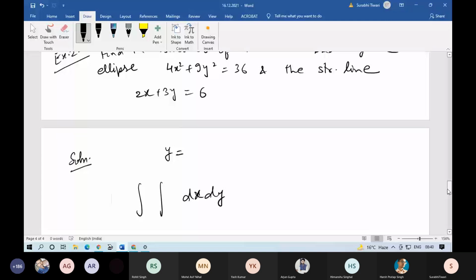The x limit varies from one curve to another curve. So if this is the line, then the value of x will be (6 minus 3y) upon 2 to under root of (36 minus 9y square) upon 2. Sorry, this is upon 2. And find the point of intersection, what will come?